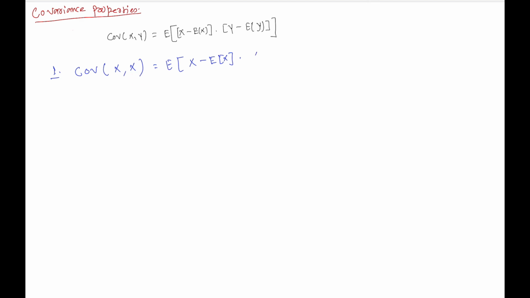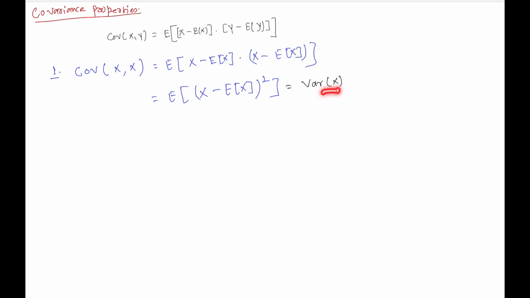So this would be the expectation of the deviation of x from its mean, squared, and we can easily recognize that this is nothing but the variance of x, right?